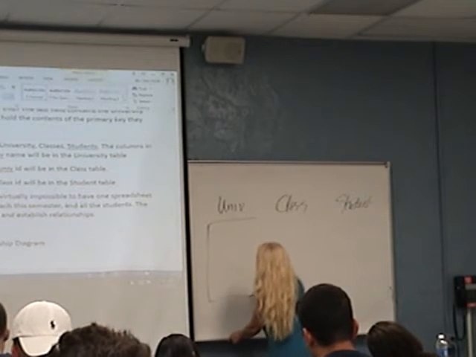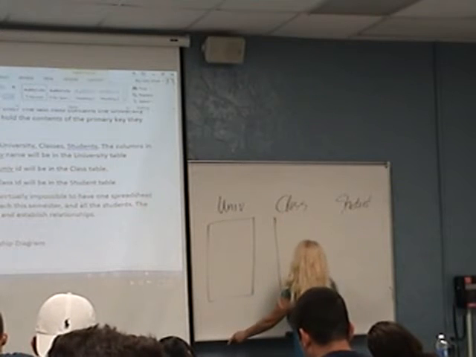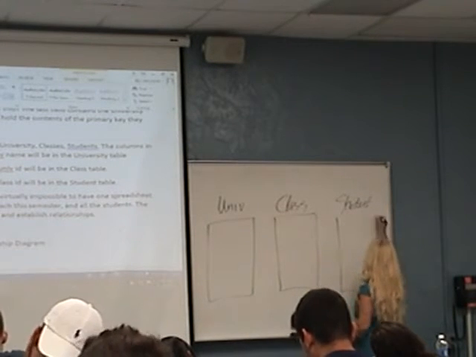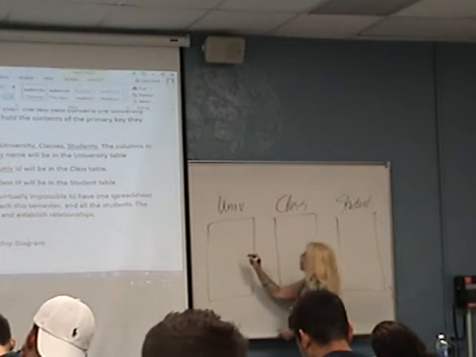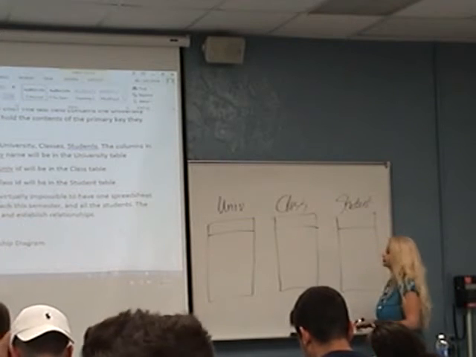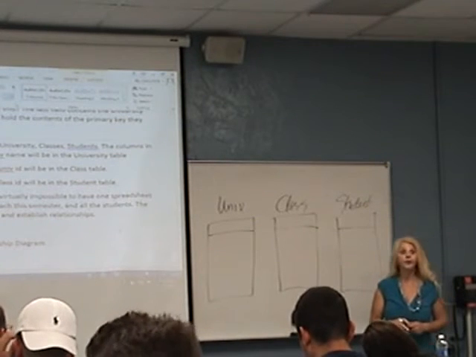So this is what you're actually going to do this weekend. Whether you do it using a drawing tool or hand draw it, take a picture of it with your cell phone and upload it, I don't care, as long as I can read it, all right?